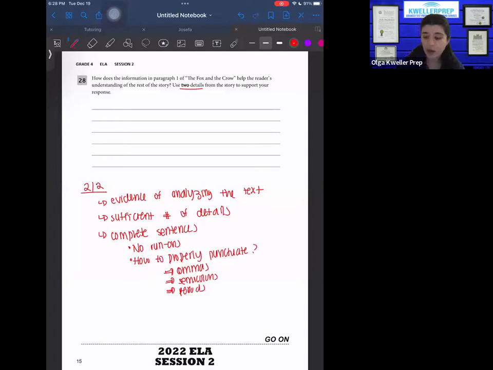And then analyzing the text, this is another way of saying actually answering the question. So sometimes students have a really great response, but they don't actually answer the question. And obviously, if you don't follow their instructions, if you only use one detail, automatically your score goes down to a 2.